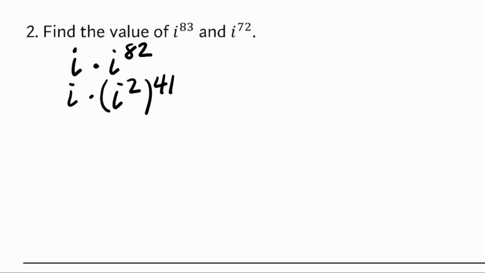So i times -1 to the 41st power, and 41 is an odd number, so -1 to an odd power is going to be -1, and -1 times i, that's -i.